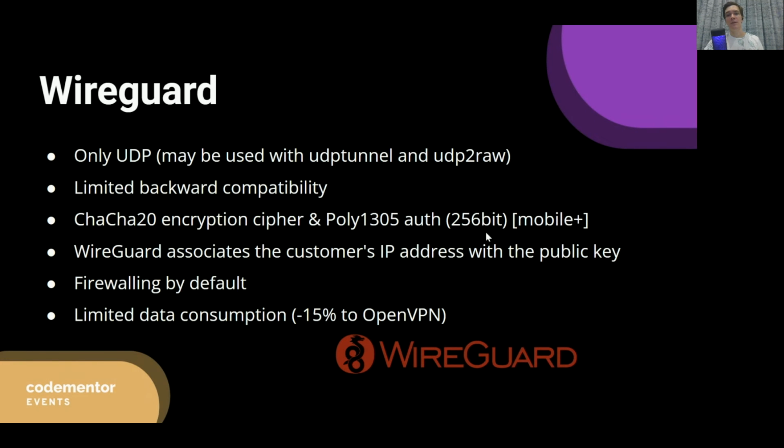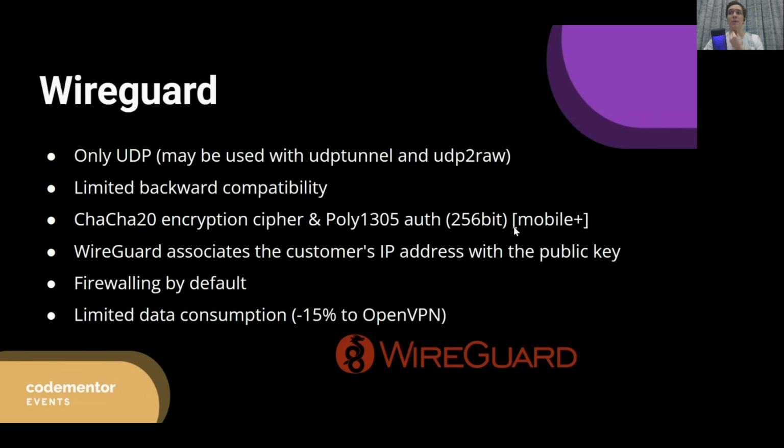Why did they choose it? Because ChaCha20 is faster on mobile devices. So they thought of mobile devices and decided to go with ChaCha20, not AES, which is used for OpenVPN. Why? Because mobile devices, right?